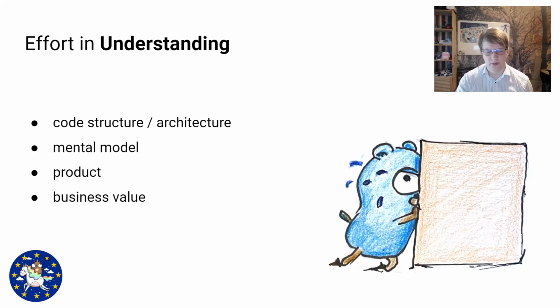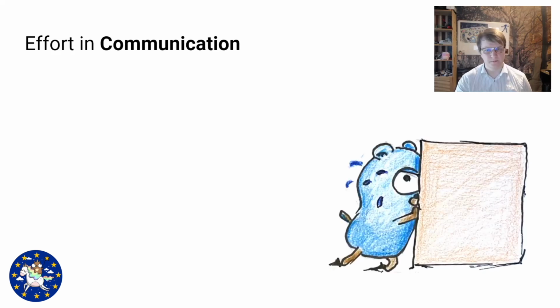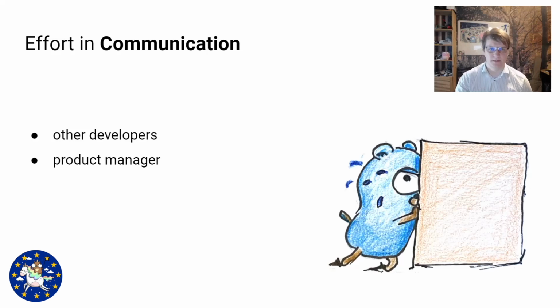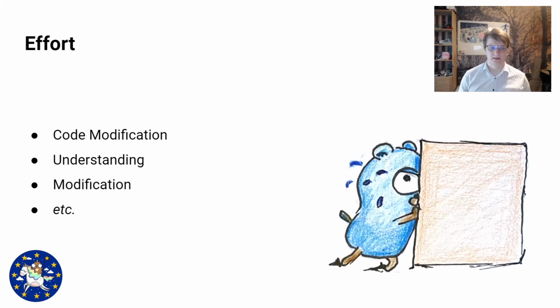Or how do we understand whether it gives value to the end user? So there's some part of mental effort that we are doing while we're modifying code to match what we wanted to do in the future. There's also effort in communication. We need to communicate ideas to other developers, maybe the product manager or the end user. So there's all this effort that goes into maintaining code bases.